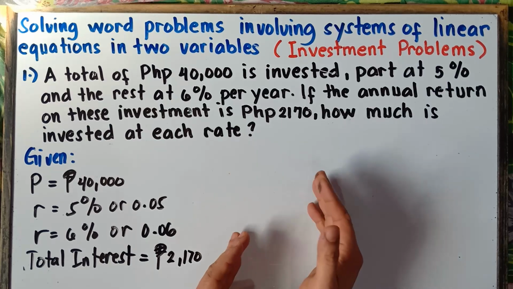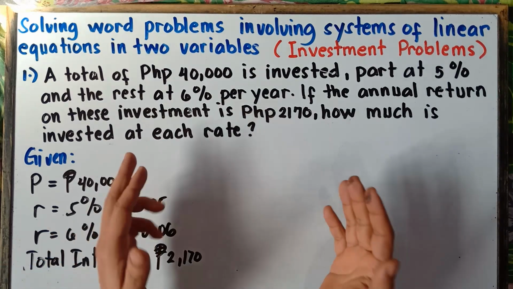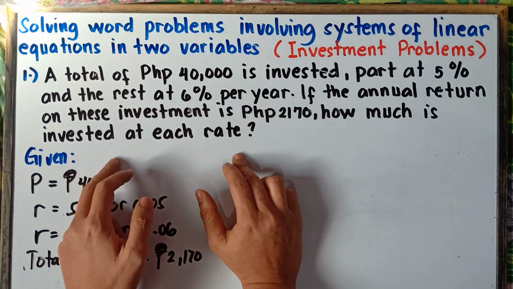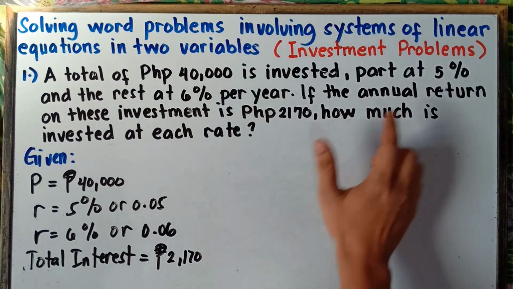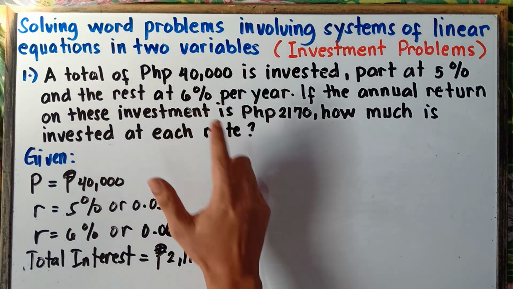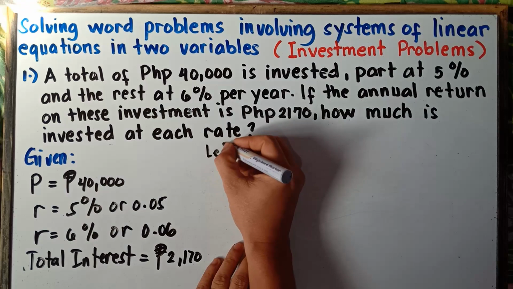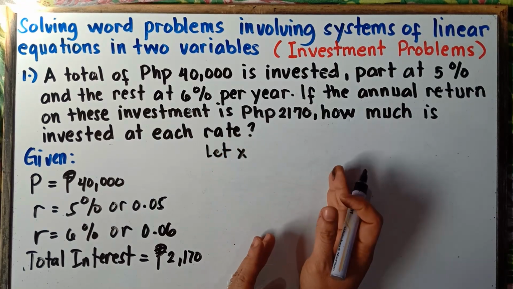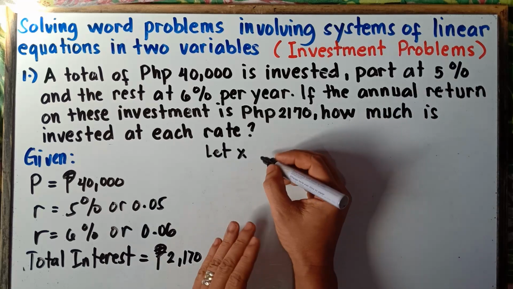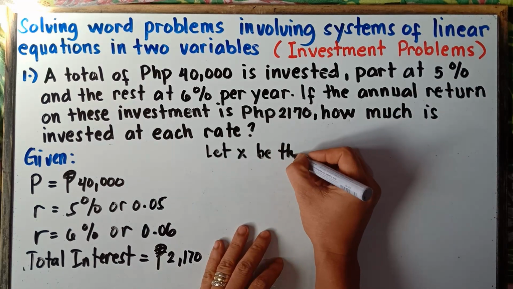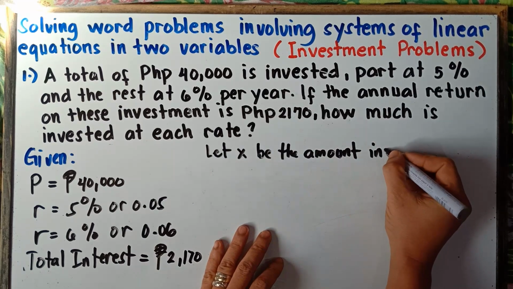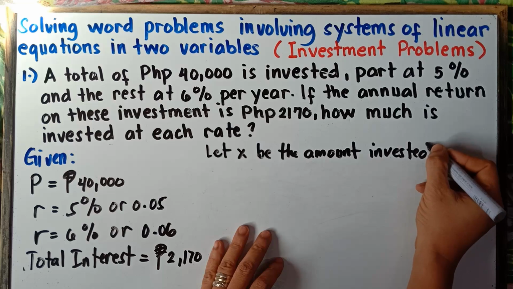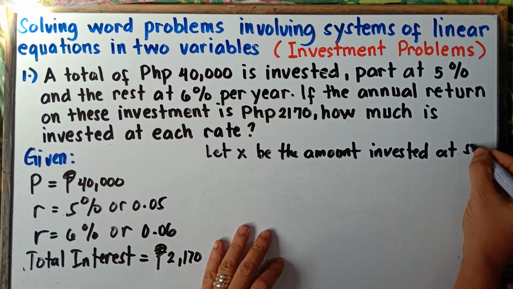Now the question there, class, how much is invested at each rate? Therefore, class, we're looking for the amount invested at 5% and the amount invested at 6%. So we can say, let x be the amount invested at 5%.